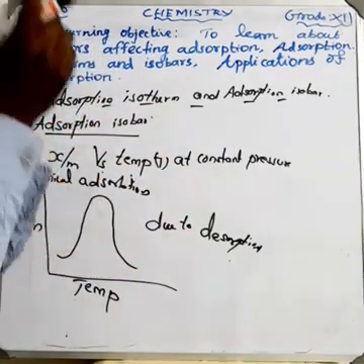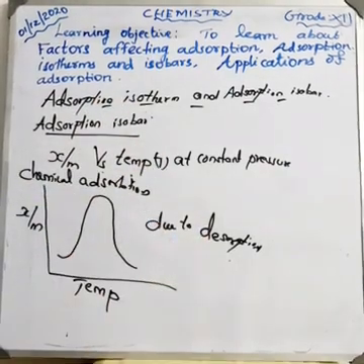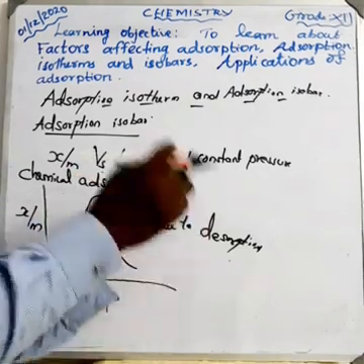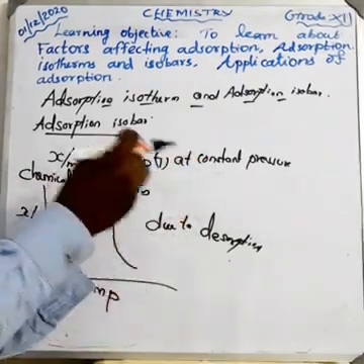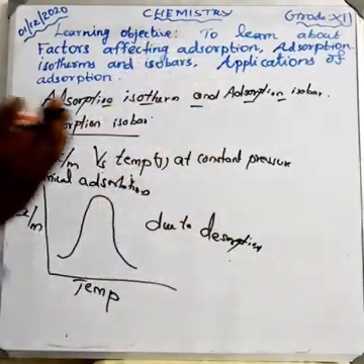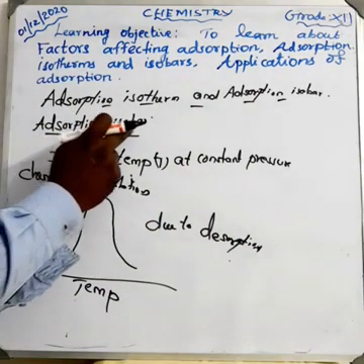The formation of the activated complex requires extra energy. Then again it decreases due to desorption, as the kinetic energy of the adsorbate increases. This is about the adsorption isobar.